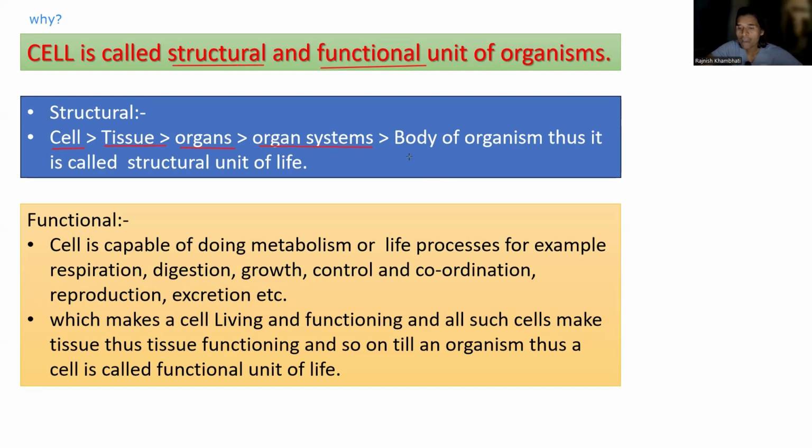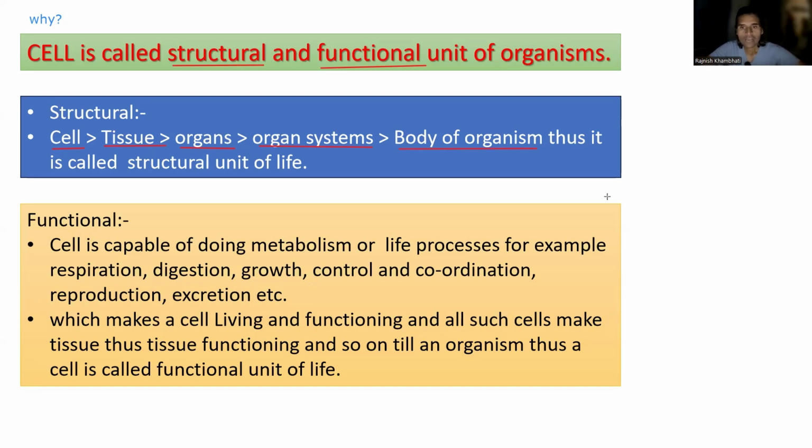And many such organ systems form the body of the organism. That means this body, what you look at, is made up of cells. Cells are the basic building block of this body. That is why the cells are known as the structural unit, because they are making the structure. I hope this one thing is clear.